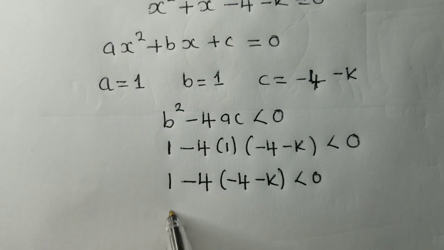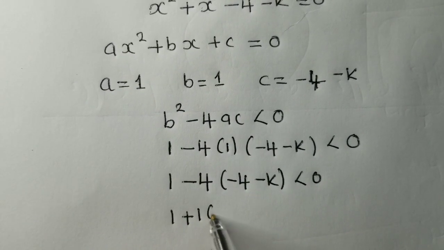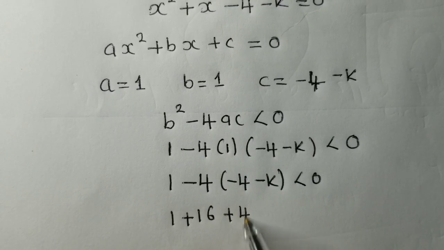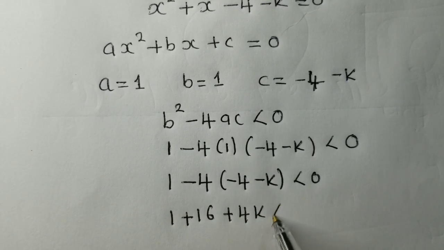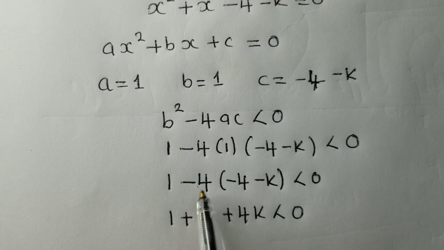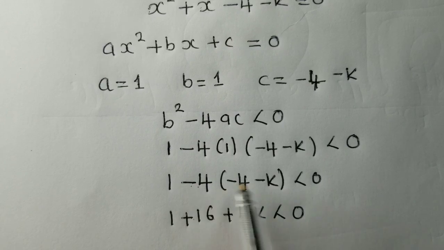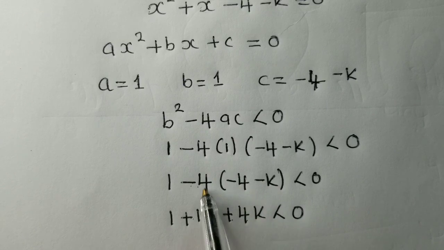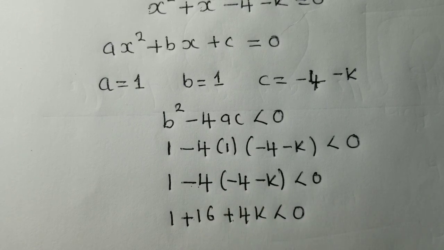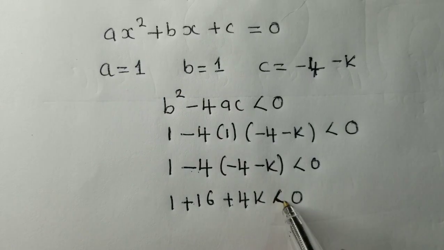So here we have 1 plus 16 plus 4k is less than 0. I've just multiplied negative by negative, it's positive. 4 times 4, 16. Negative by negative, it's positive. 4 times k, it's 4k. Less than 0, okay?